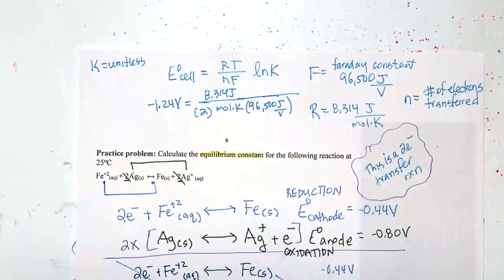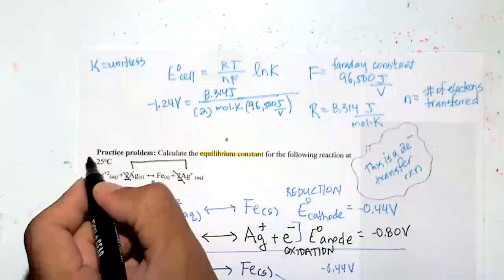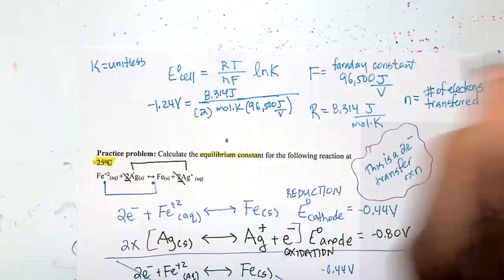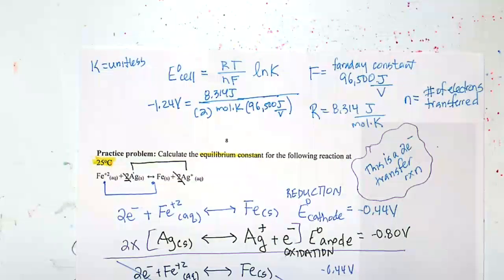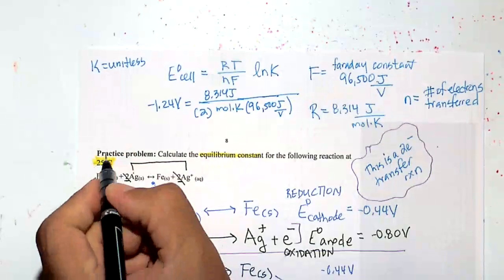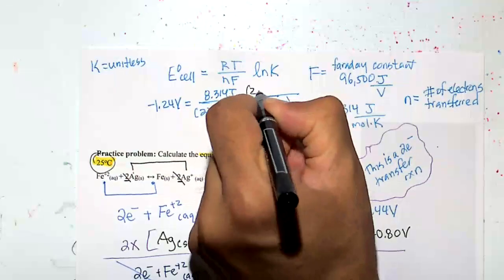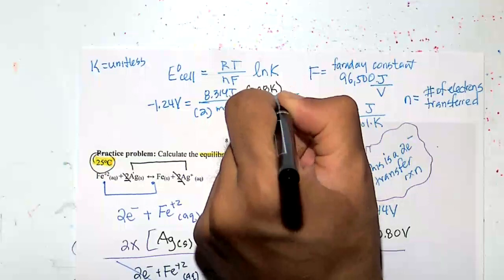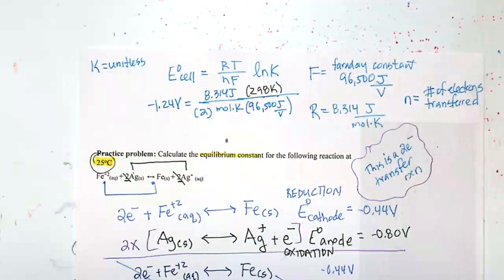T is the temperature, and the temperature given to us in this problem is 25 degrees C, and that's 298 Kelvin. And all of this times natural log of K.